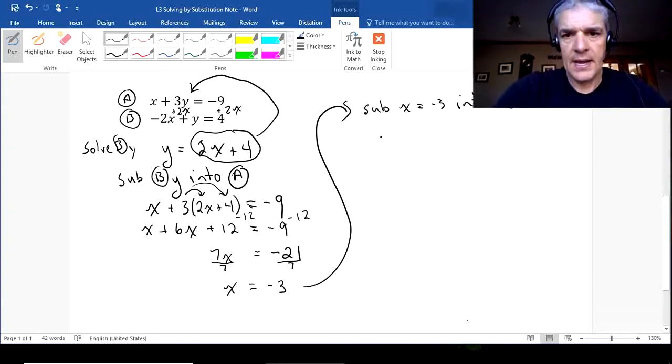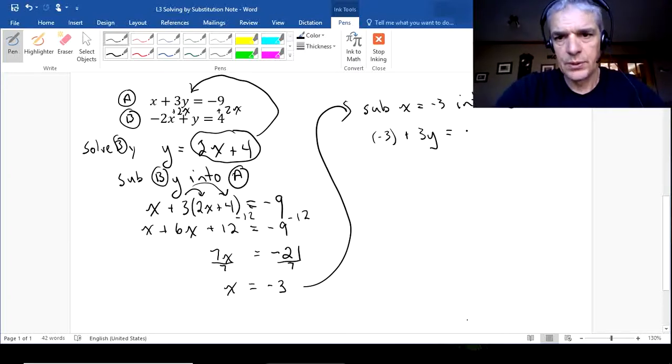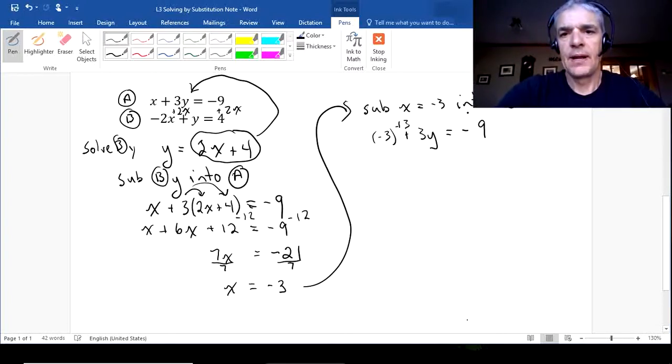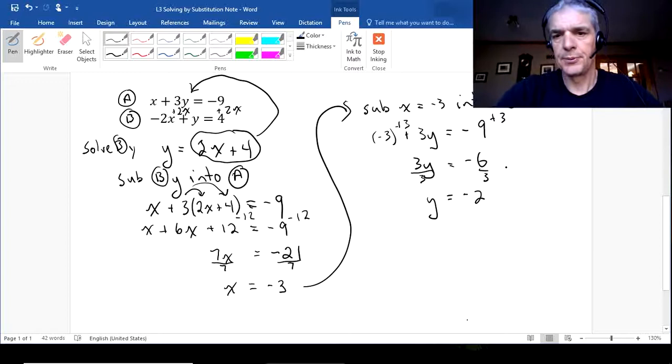And so I end up with minus 3 plus 3y equals minus 9. So I have to add 3 on this side, add 3 on this side. This gives me minus 6 equals 3y. Those two cancel each other off. Divide by 3, and y equals minus 2.